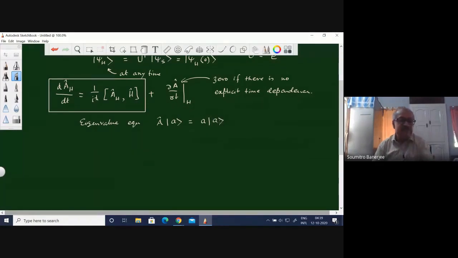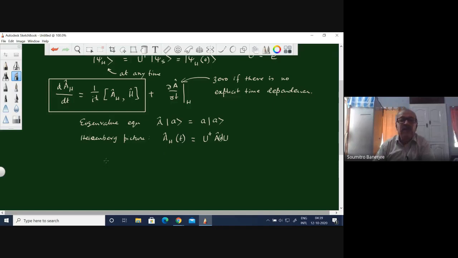Now, in the Heisenberg picture, you have the A H. This will be U dagger A U. This is what we learned in the last class, and U is given as I just wrote there. This can be written as at time 0. Now, at time t0, obviously the two pictures will coincide.